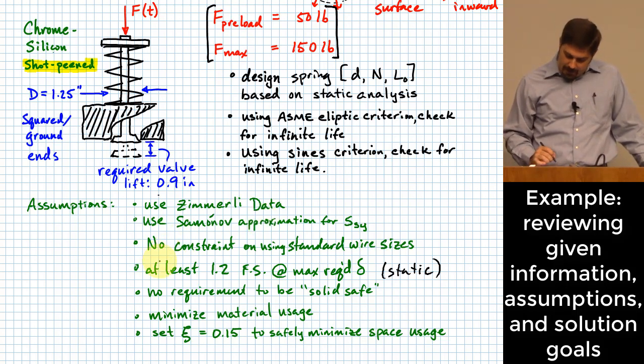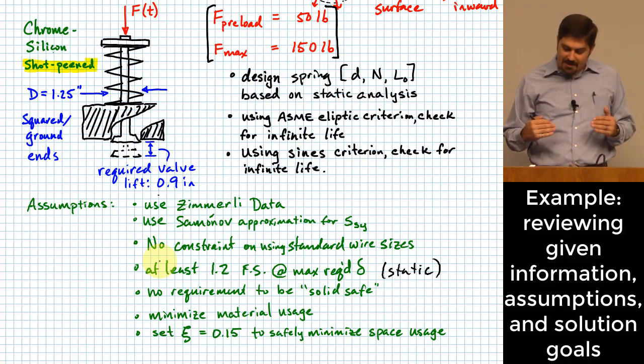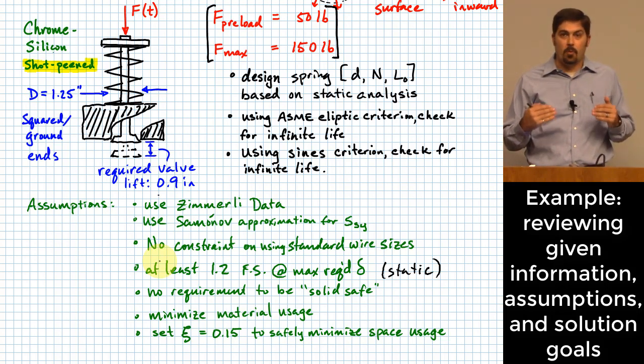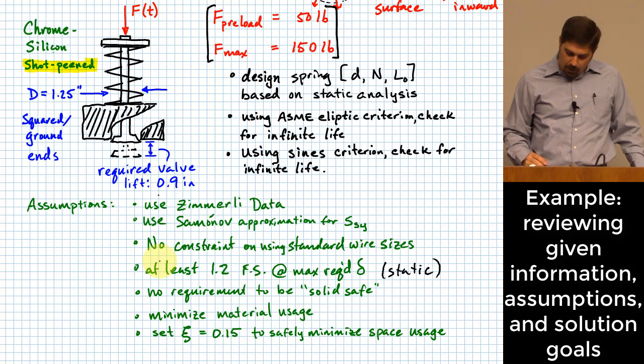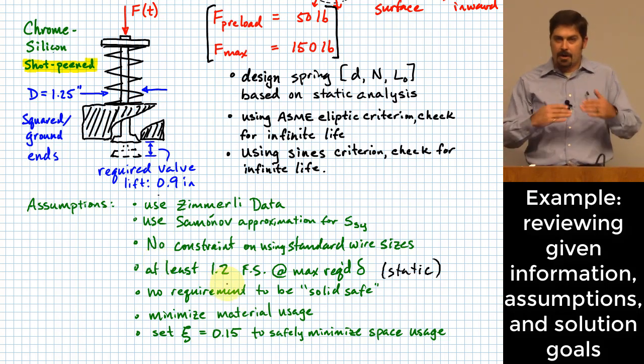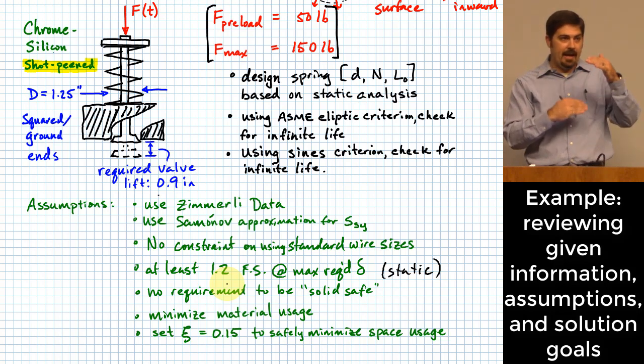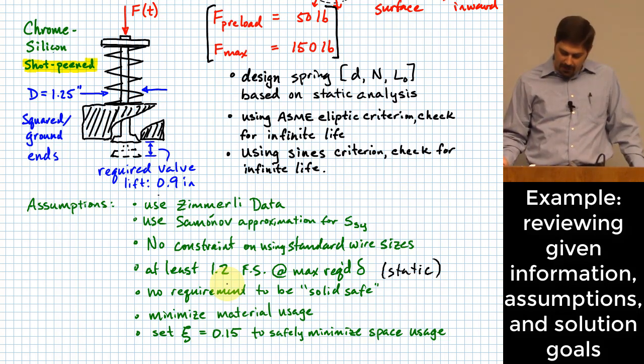And then we're going to relax the constraint that we have to use standard wire sizes. So we're going to say we get to design the wire diameter to whatever size we want, which makes it a continuous design task rather than a discrete design task, okay? We're going to use a factor of safety of 1.2, but we'll do that at the maximum required deflection rather than at solid length, okay?